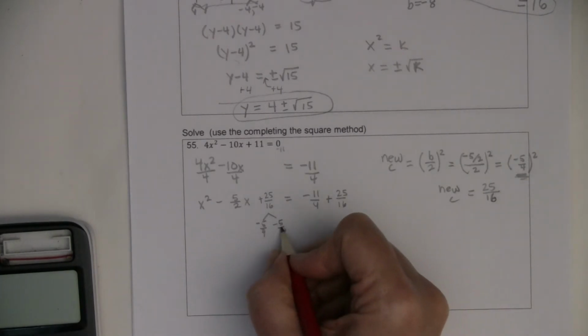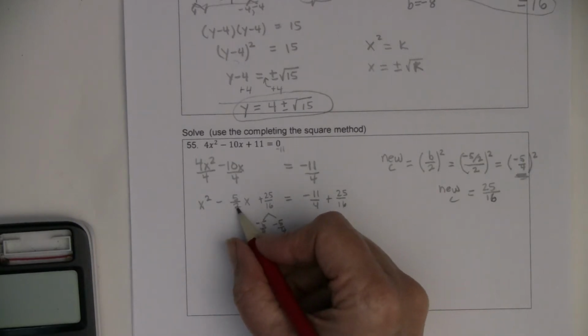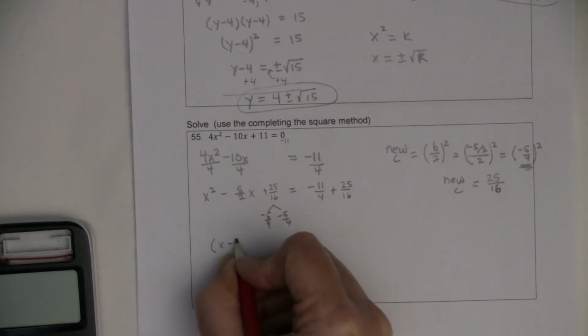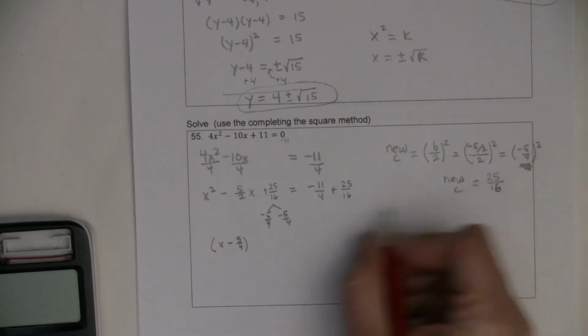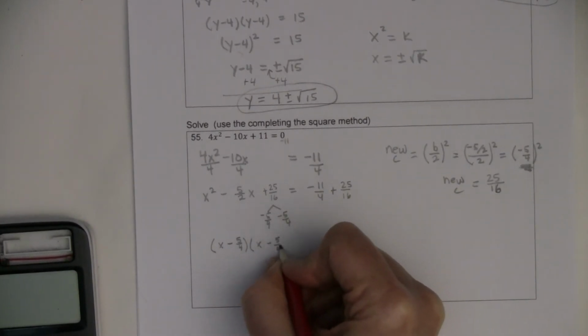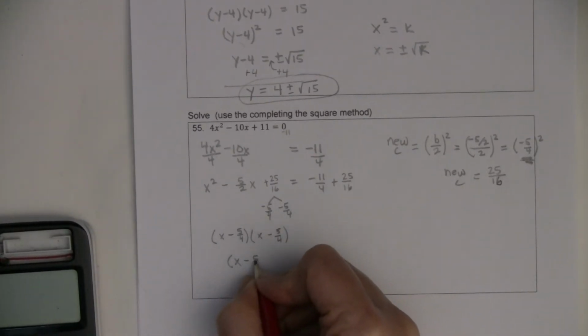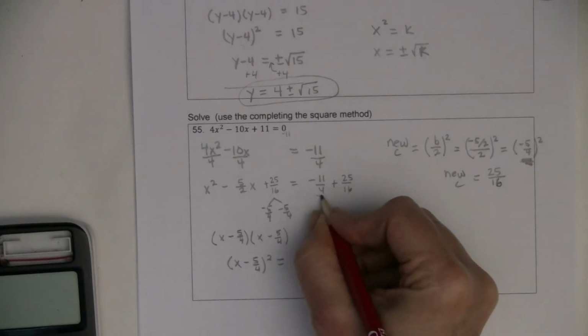And when you add these together, that would be negative 10 over 4, and when you reduce it, you get negative 5 halves. So this thing becomes x minus 5 over 4 quantity squared. That's kind of clever that it tells you right there, right before you squared it, how it will factor. This equals whatever this is, right?